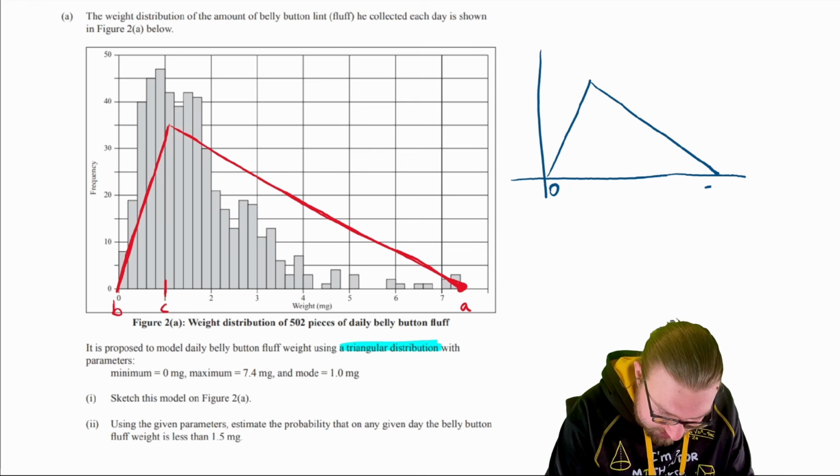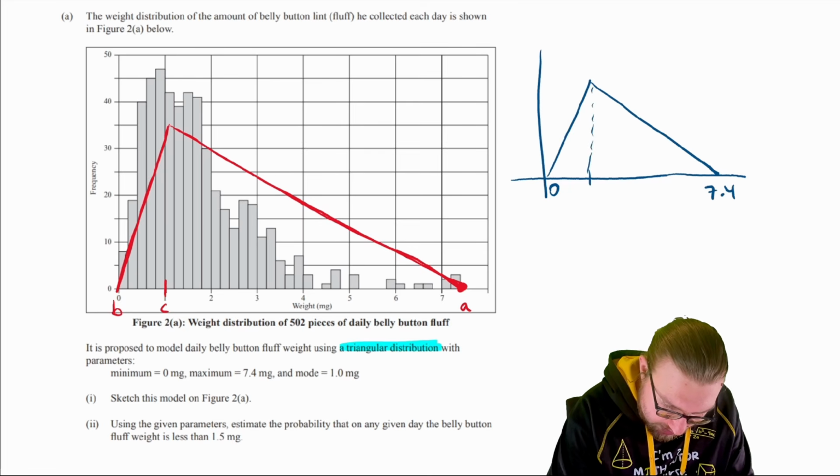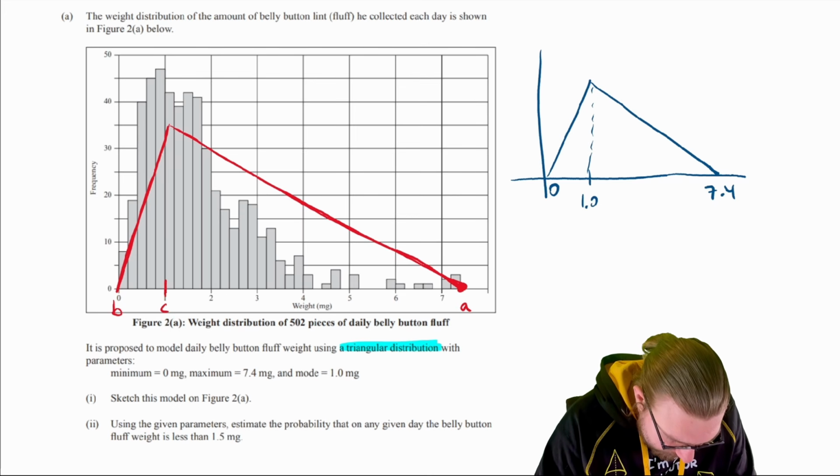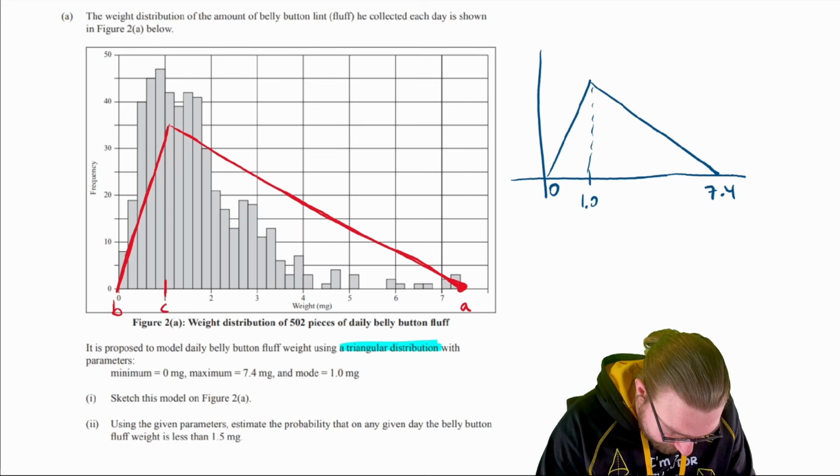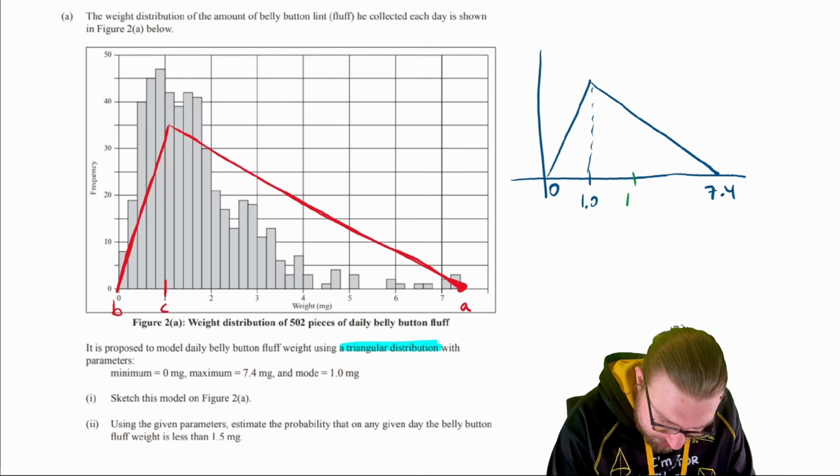So we have 0, we've got 7.4, and here we have 1, exactly 1.0. Okay, and we are interested in 1.5 and less. So 1.5 is somewhere here. It doesn't have to be to scale. It's between those two numbers. So I'm just going to make a line here.